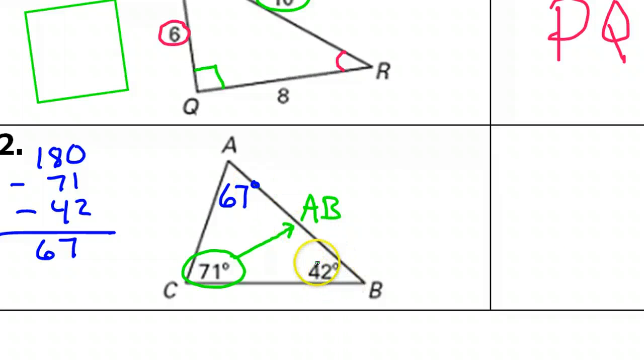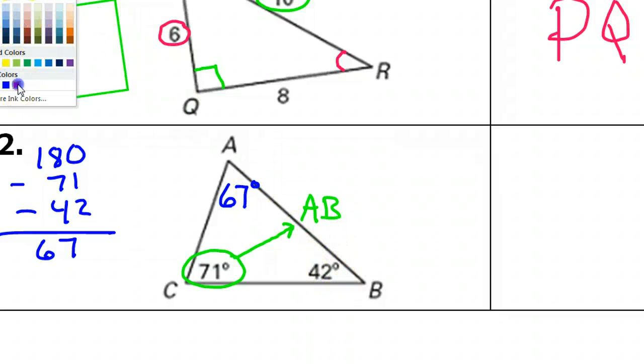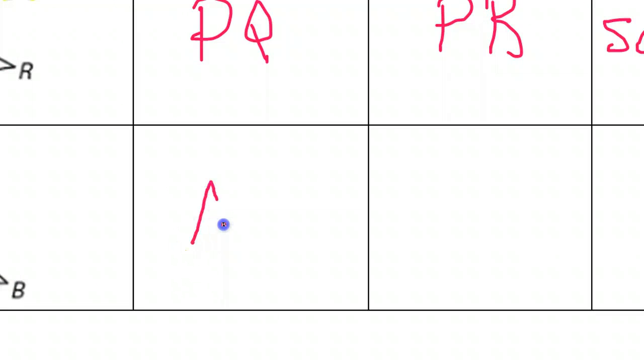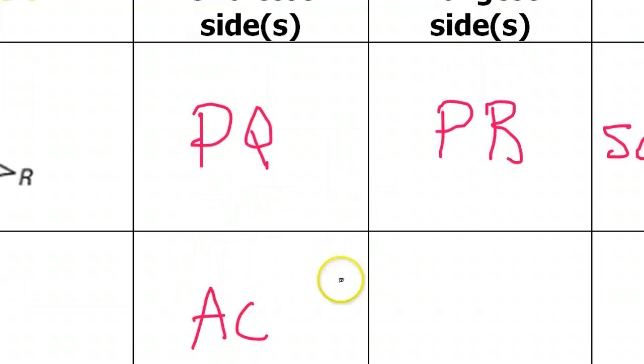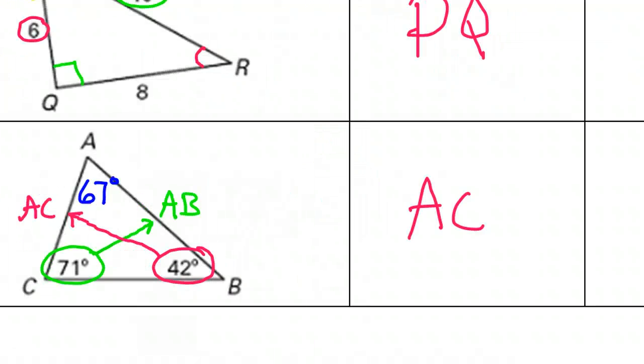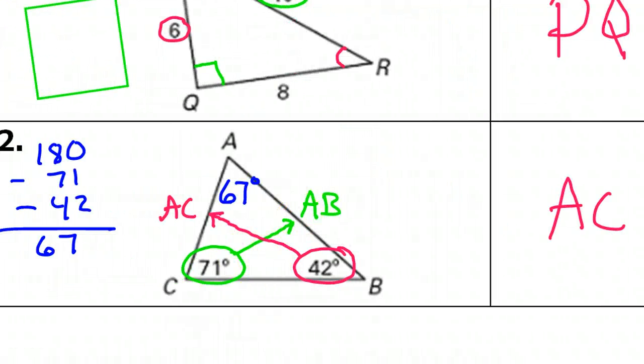The shortest side will be across from the smallest angle. This is the smallest angle, so the smallest side will be side AC. And that's what they're asking for here, smallest side. The longest side, like I said, is going to be AB.